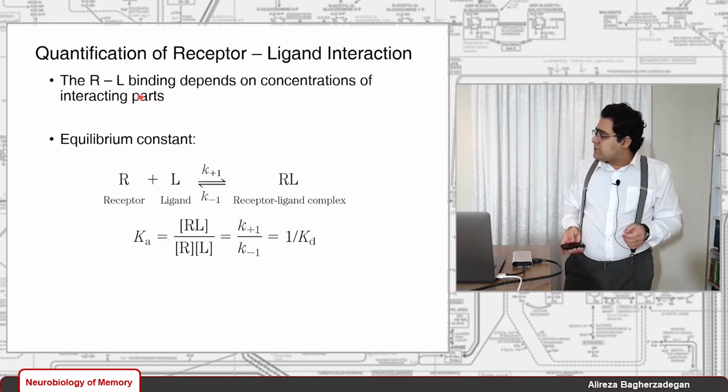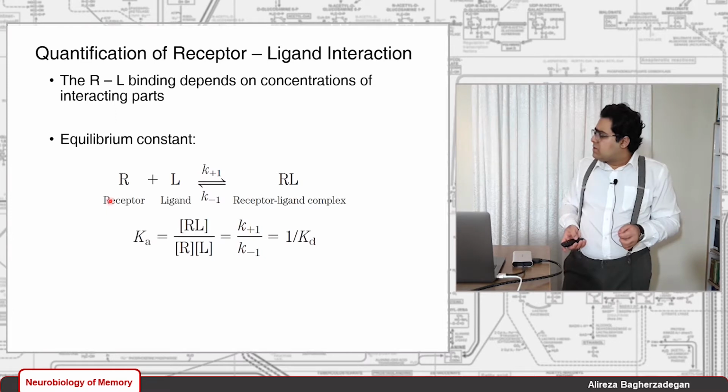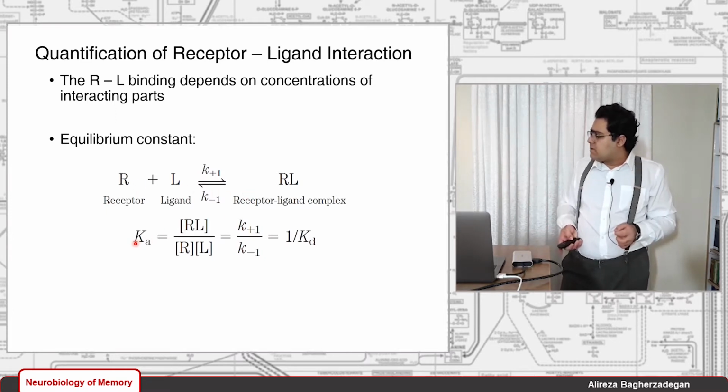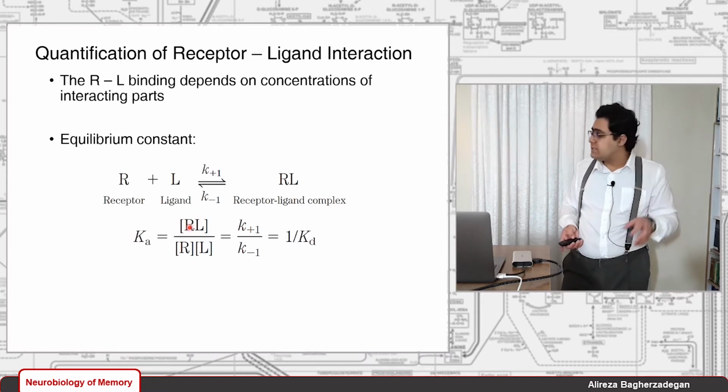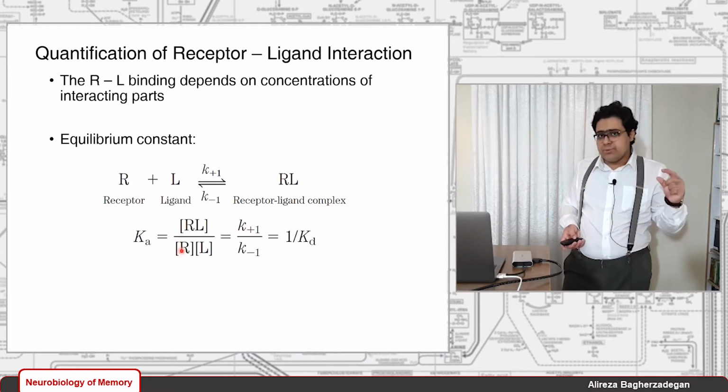The equilibrium constant, I'm not going through all the chemical formulas, but generally, the concept that I want to introduce here is K of A, or association constant, which is equal to the concentration of those receptor-ligand complexes divided by the concentration of individual receptors, or unoccupied receptors, and individual ligands.